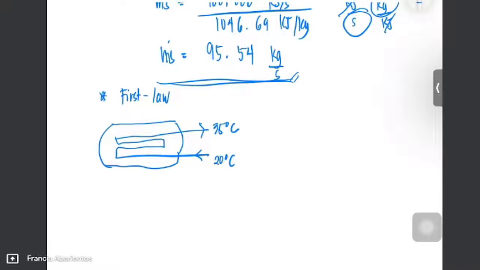Okay, H2, H3 may heat rejected. We all know that heat rejected is just equal to the MCP, the mass of the water. Okay? May actual pala to class. Nakalimutan ko yung actual.